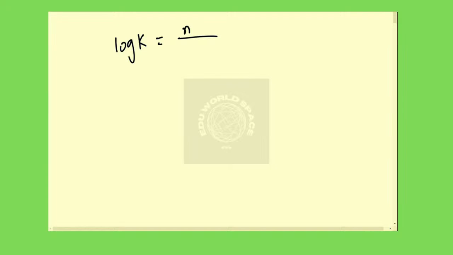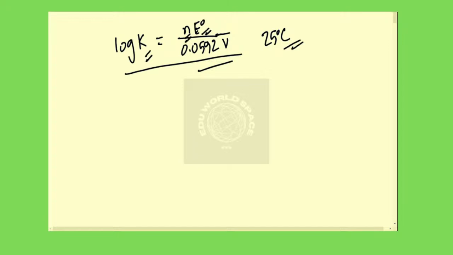This equation is valid at a temperature of 25 degrees C. We are given the number of electrons involved and the equilibrium constant value, and we have to find the standard cell potential from here.